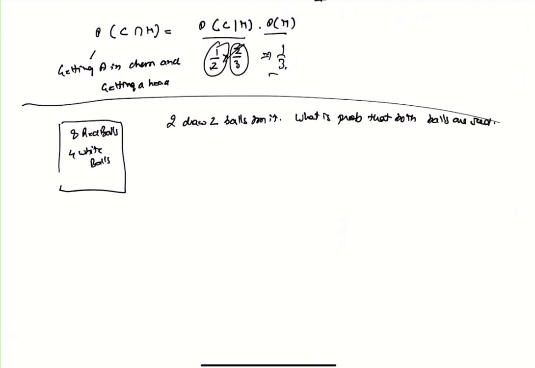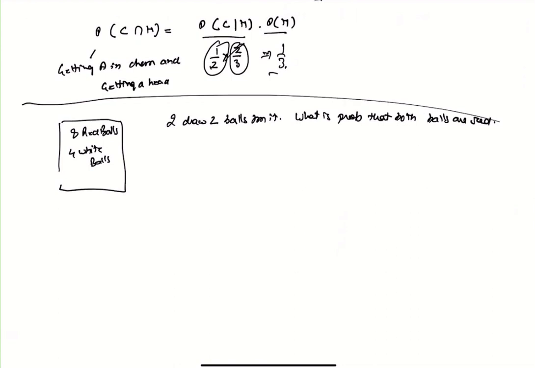So you can do it as a combinatorial analysis, which is 8 pick 2 divided by 12 pick 2, or you can do it using the conditional probability formula.